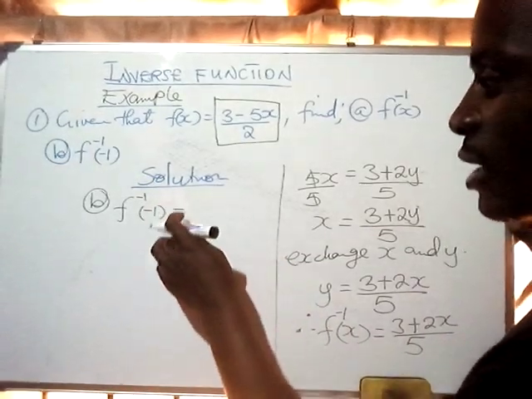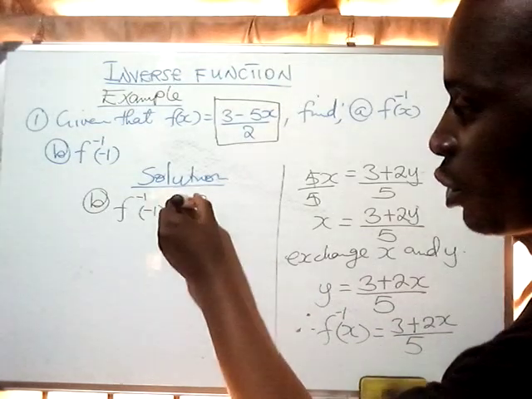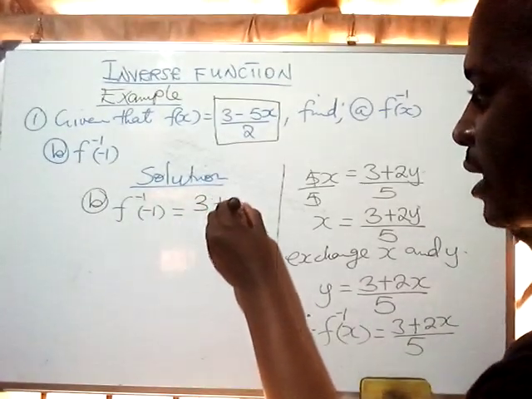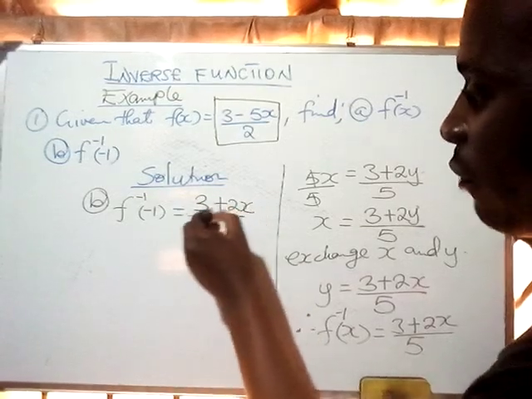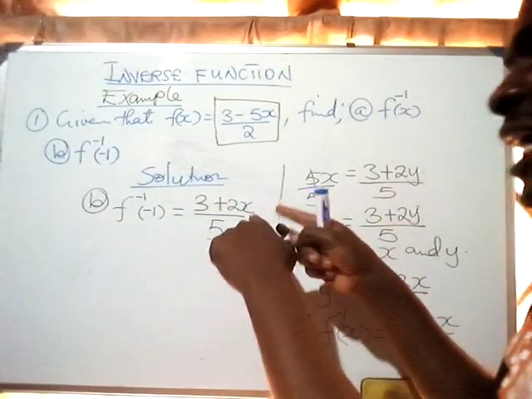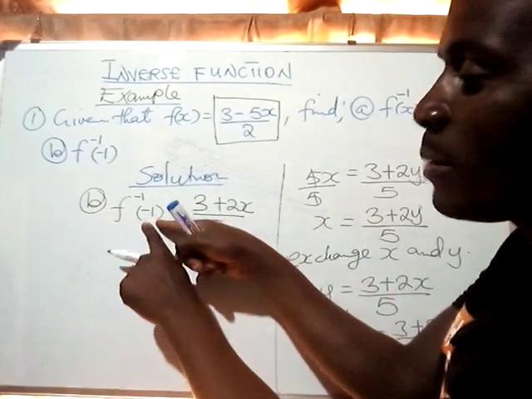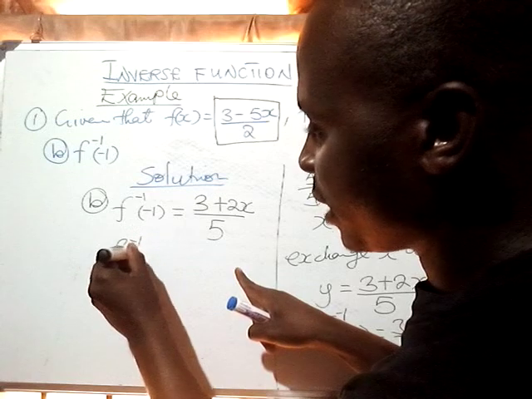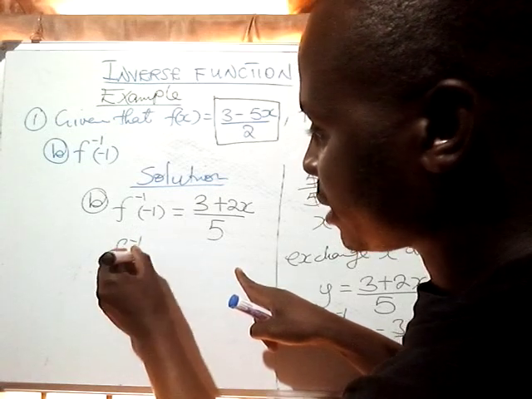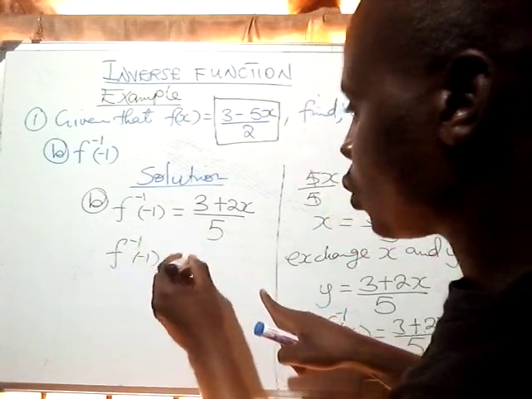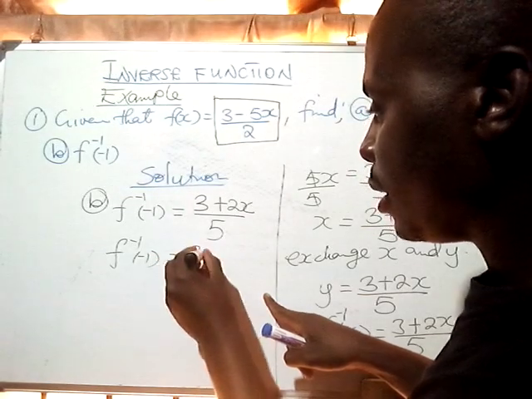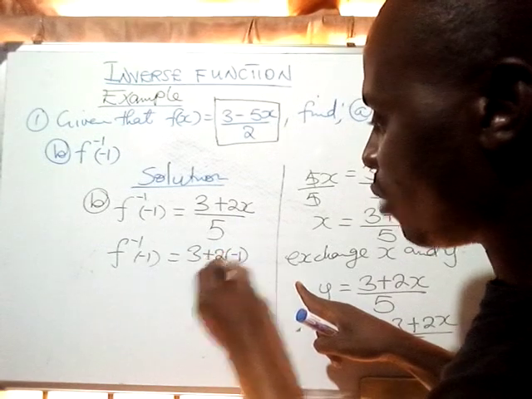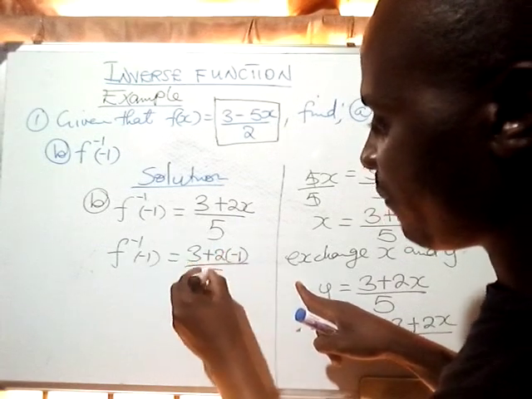So I am going just to write whatever we got on A, which is 3 plus 2x over 5. Now, where there is x here, I'm going to replace it with -1. So it will be f inverse of -1 is equal to 3 plus 2, open bracket, -1, over 5.